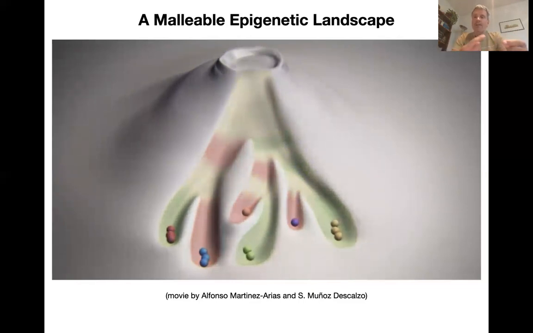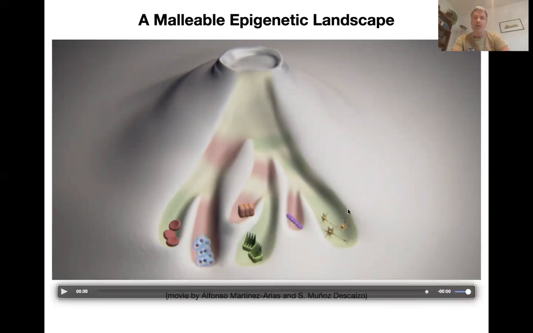They're one system that feeds back. The ball and the landscape feed back on each other, okay? And so as these balls roll down the landscape, they create their valleys in which they end up being. So it's a seascape, it's malleable, and the ball and the landscape are tuned to each other.